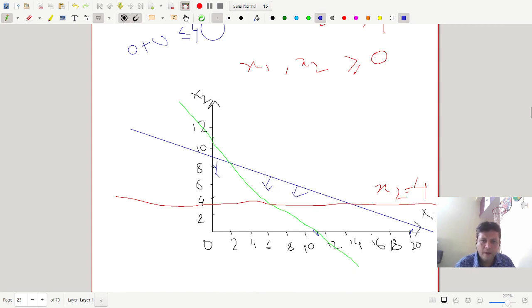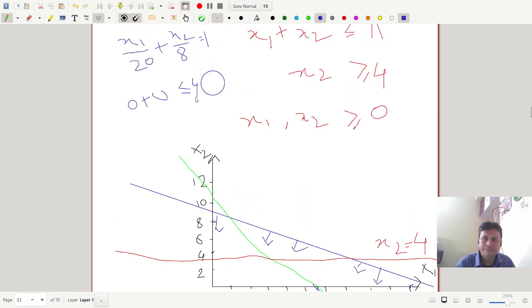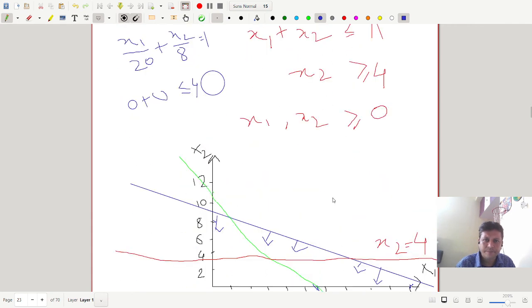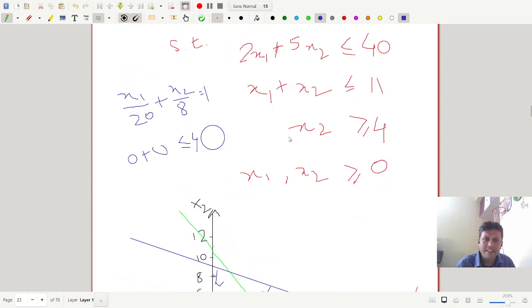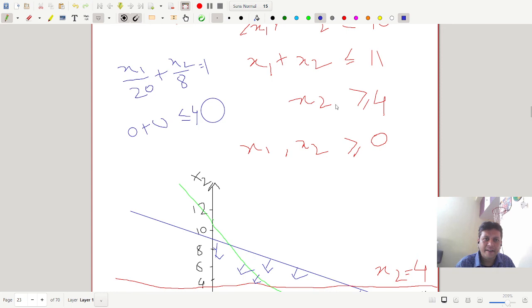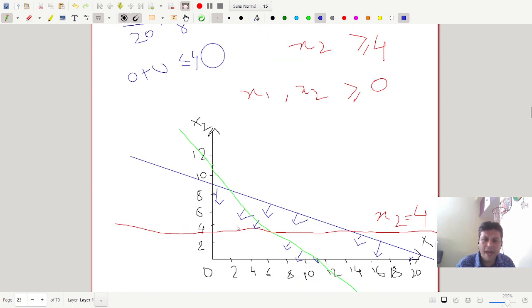And for x1 plus x2 less than or equal to 11, once again it will be towards the origin definitely. So its arrows will be towards the origin. And x2 greater than or equal to 4 doesn't include the origin, so its arrow will be away from the origin, here.